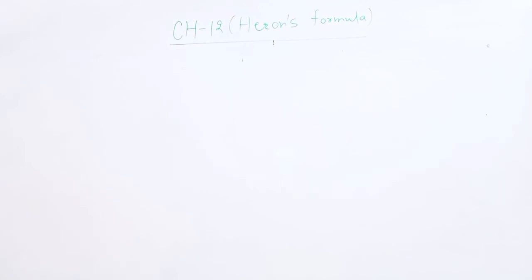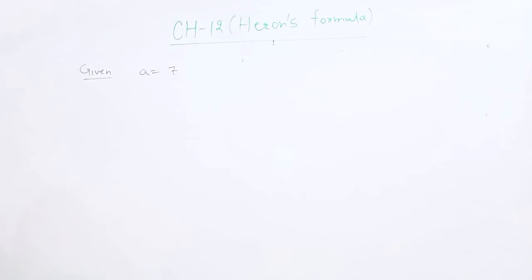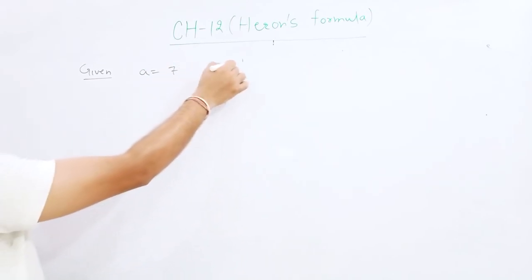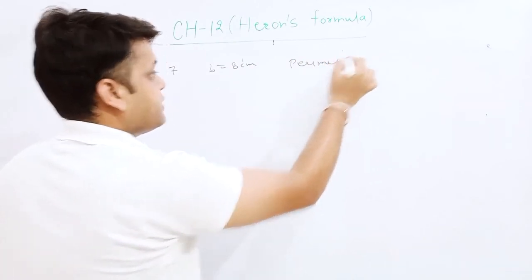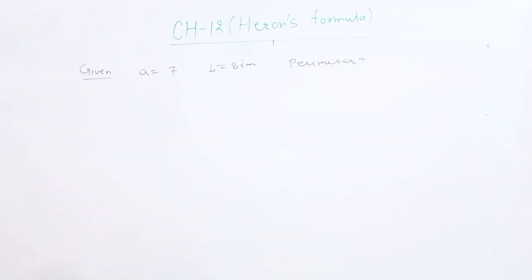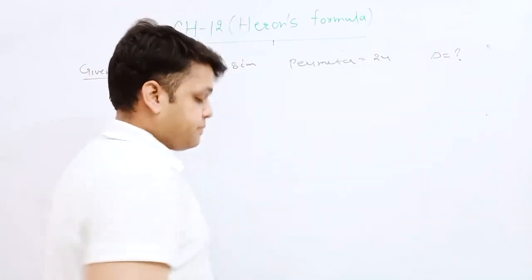The next example is: two sides of a triangle are given. The given situation is a is equal to 7 centimeter, b is equal to 8 centimeter, and perimeter is equal to 24 centimeter, and we have to find the area.